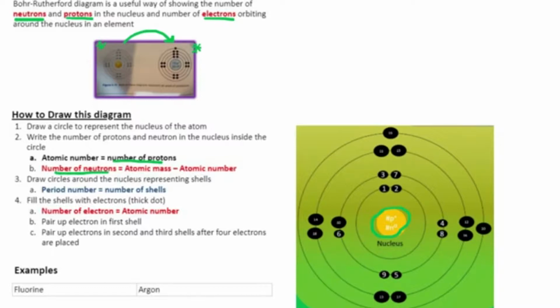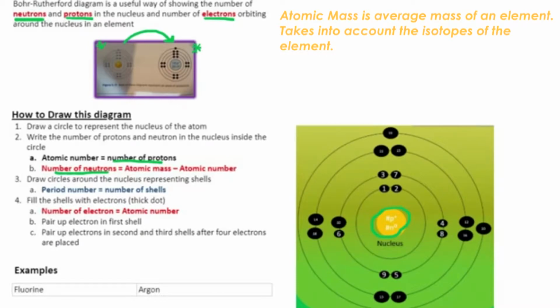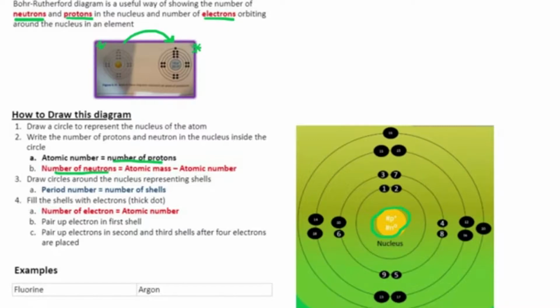What is the atomic mass? In our previous lesson, we learned that the atomic mass gives us the average mass of a particular atom, and the mass of an atom is solely dependent on the nucleus content, which is the sum of the protons and the neutrons. So to determine the number of neutrons, we subtract the atomic number, which equals the number of protons, from the total mass, which is the atomic mass.